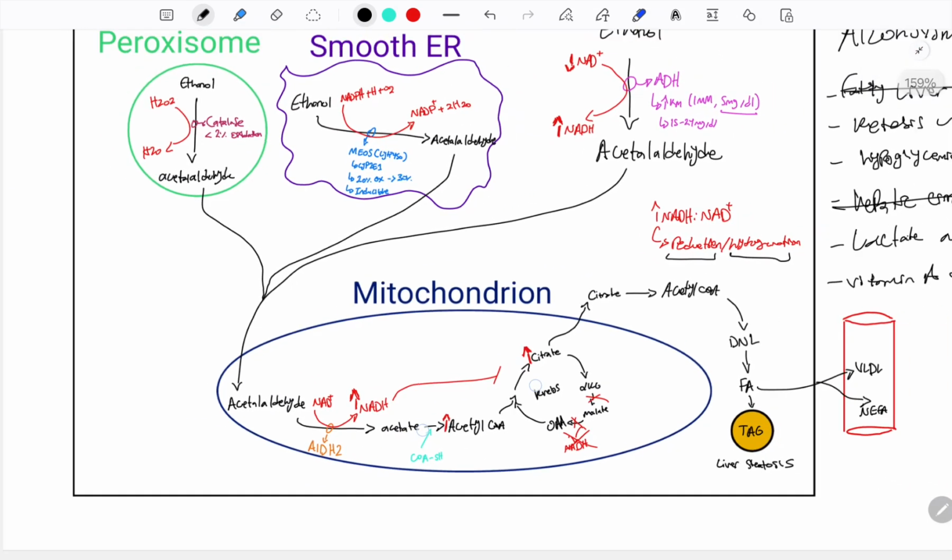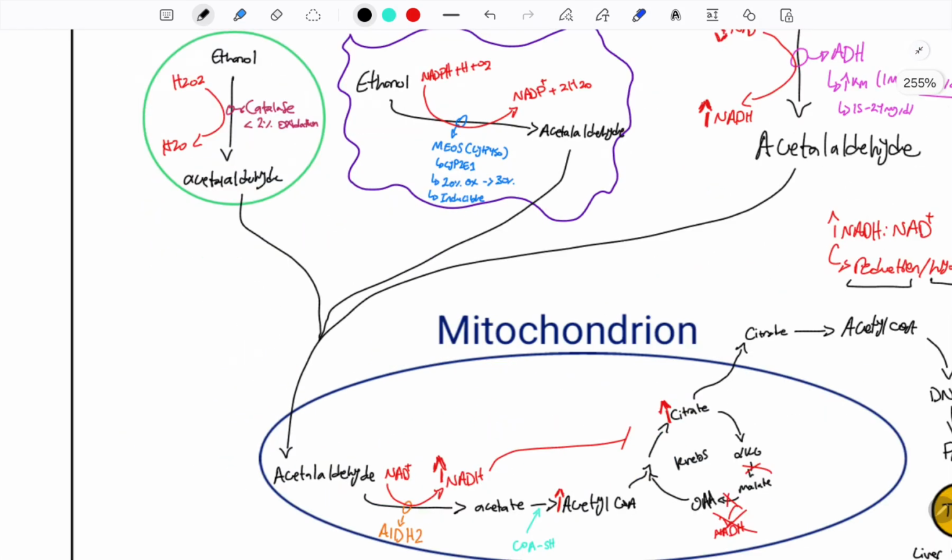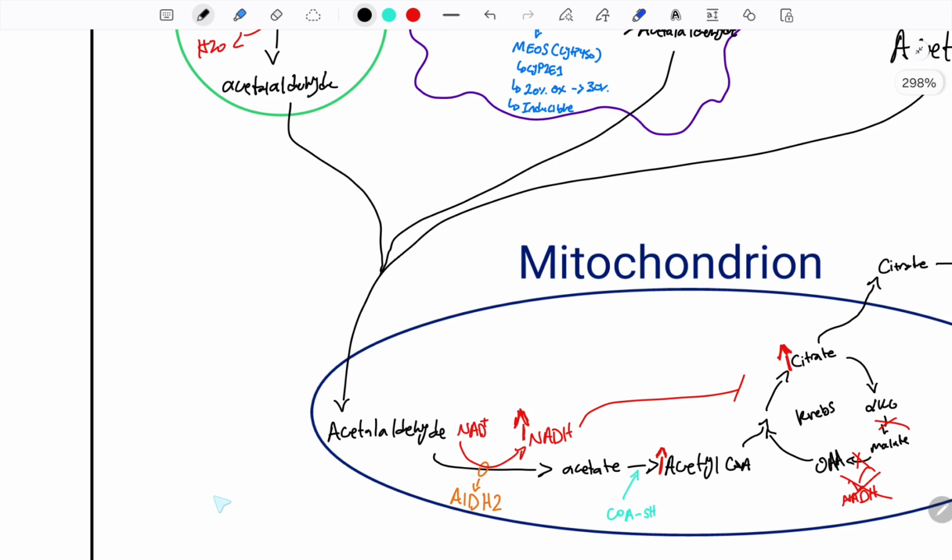So first things first, let's talk about lactic acidosis. In order to understand this, you have to understand glycolysis. You guys know that we start out with G6P, and then we go into fructose 6-phosphate, and then fructose 1,6-bisphosphate, which can then be turned into glyceraldehyde 3-phosphate, and then DHAP. These can isomerize with one another.